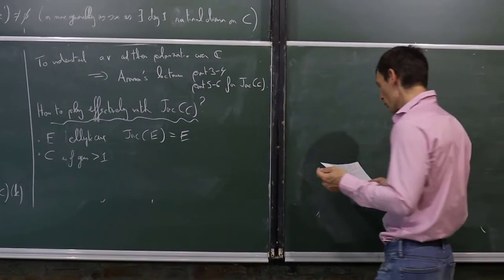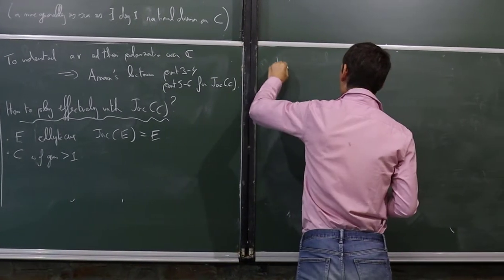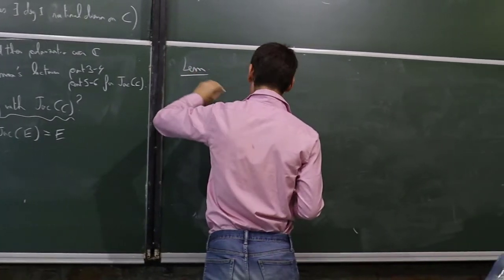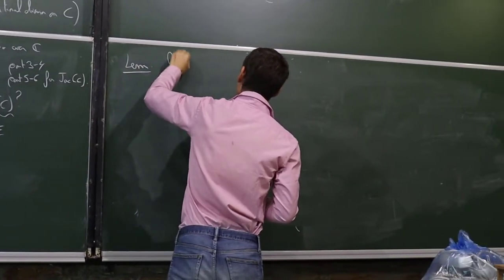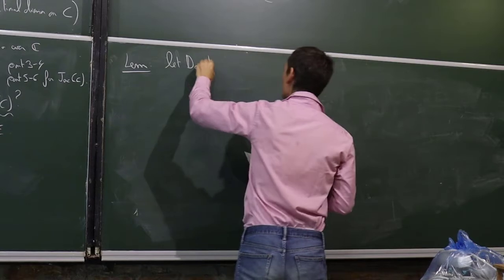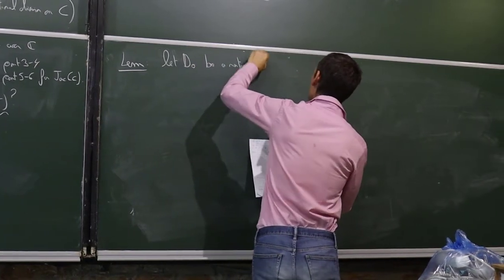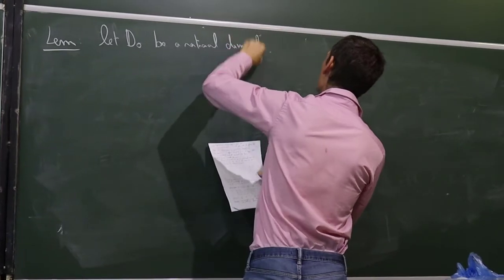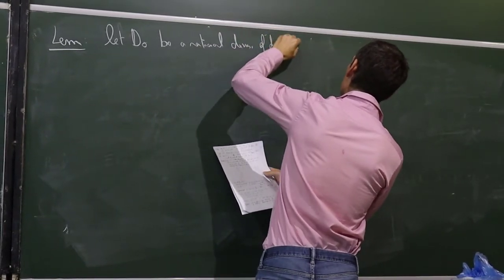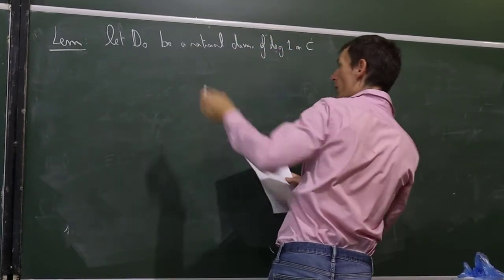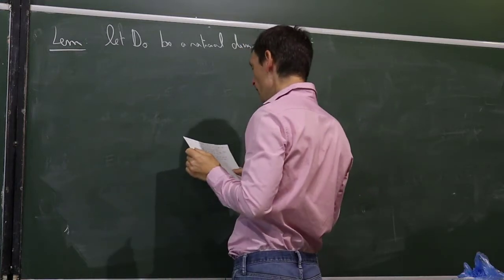So how are you going to represent them? And this is easy. This is the following lemma. Let D0 be a rational divisor of degree 1 on C, and we know that over finite fields it always exists.